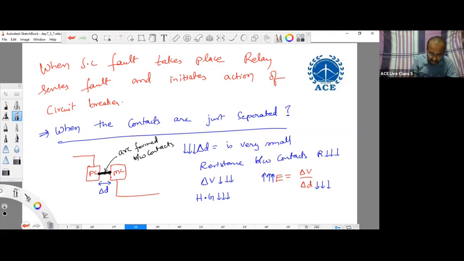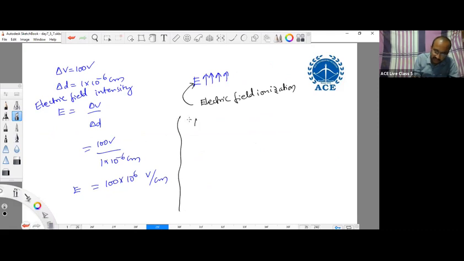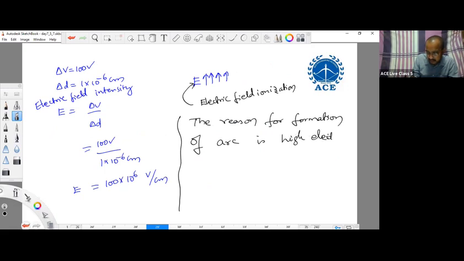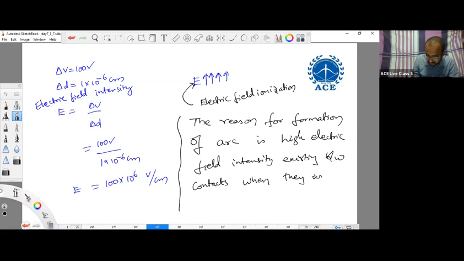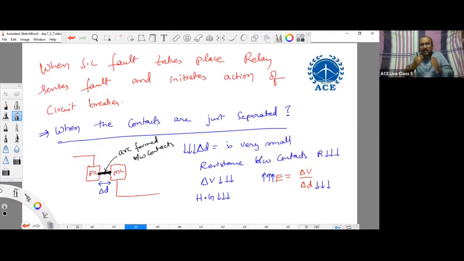So we can conclude that the reason for formation of the arc is the high electric field intensity existing between the contacts when they are just separated by a small distance.